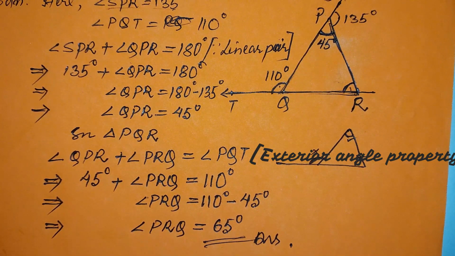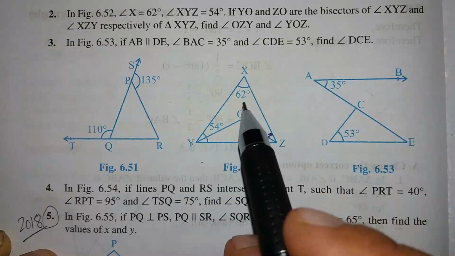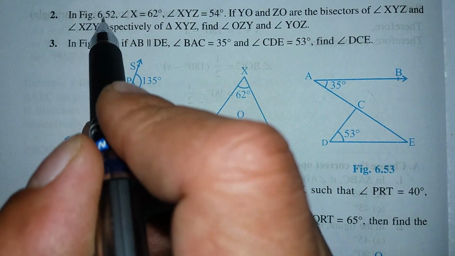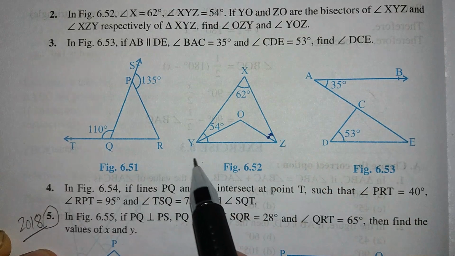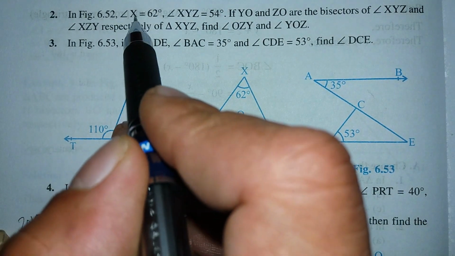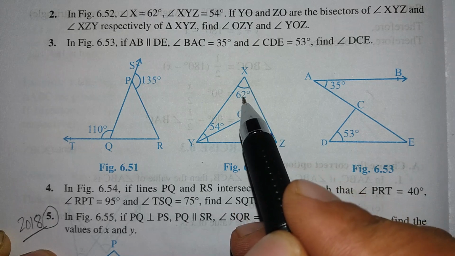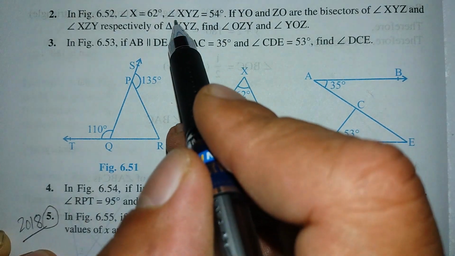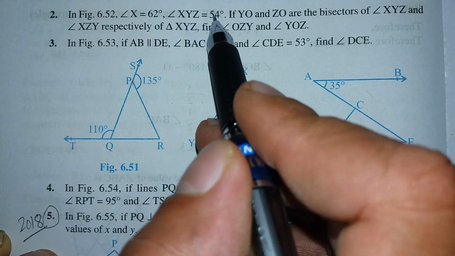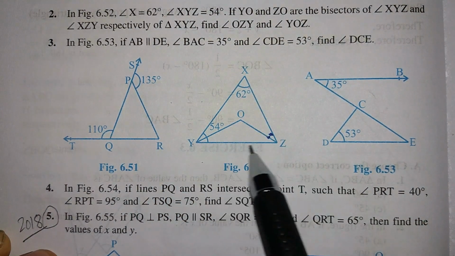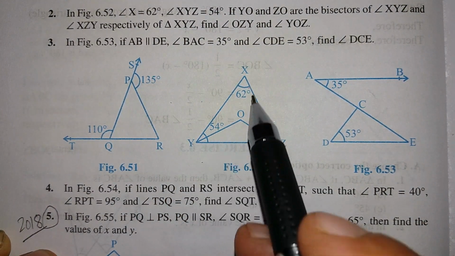Now we will see the next question, question number 2. In figure 6.52, angle X is equal to 62 degrees, and angle XYZ is 54 degrees.